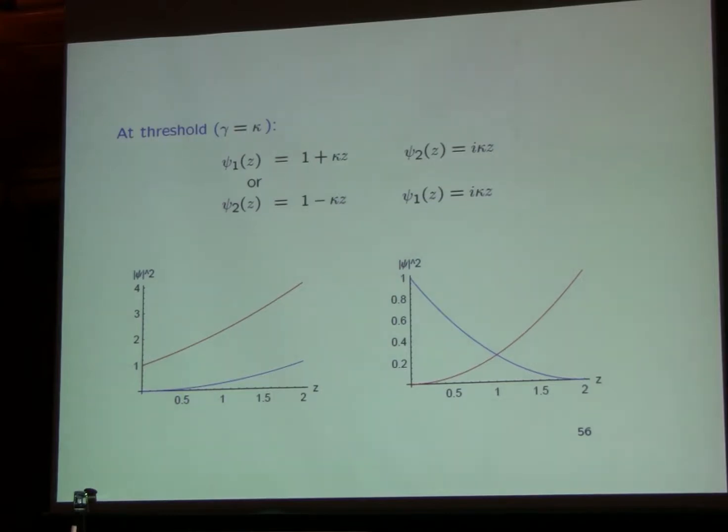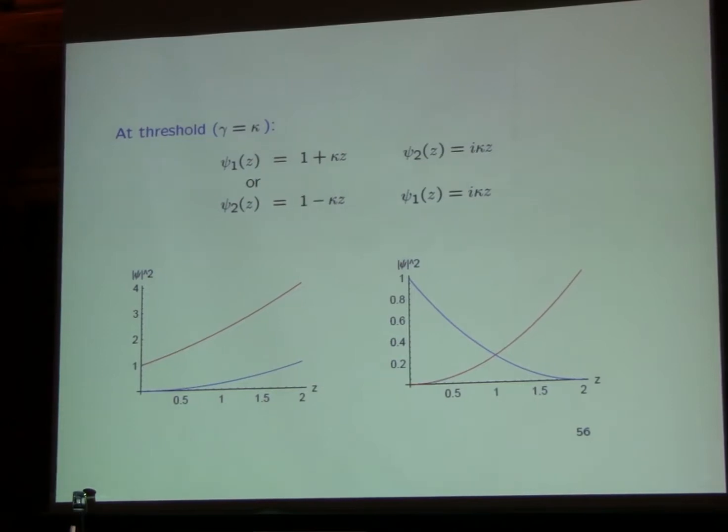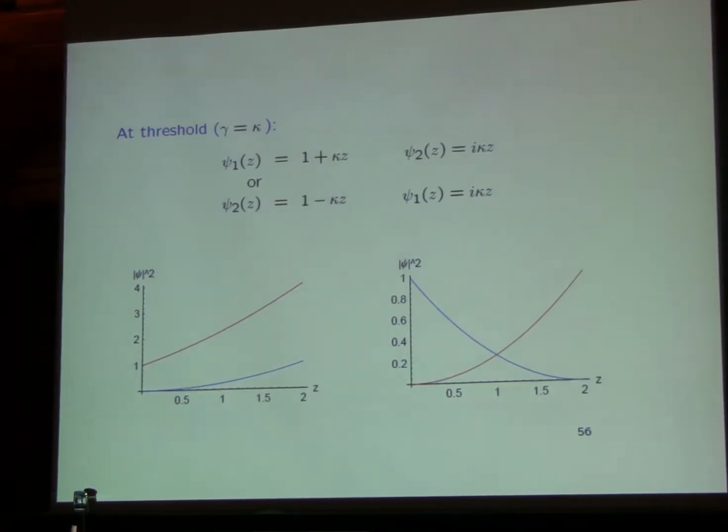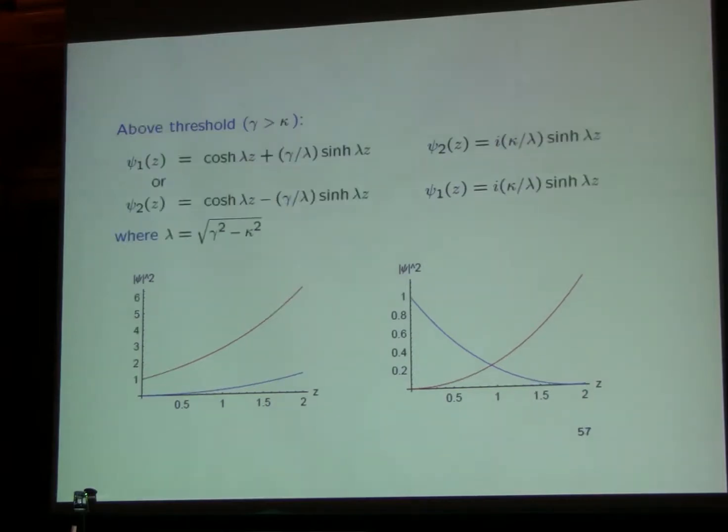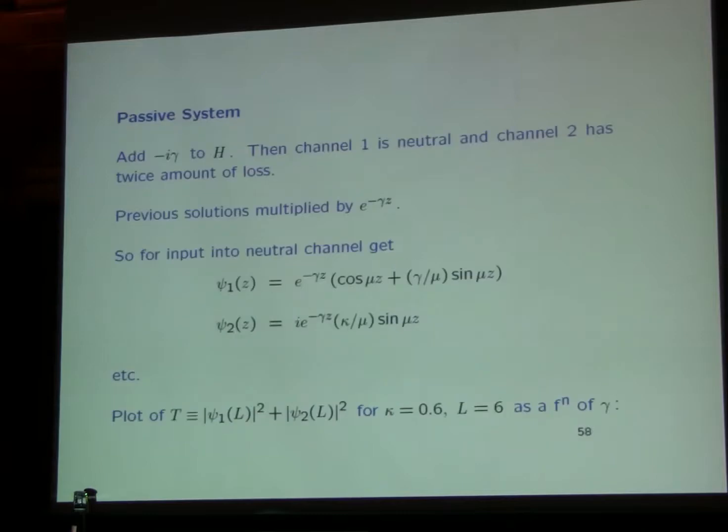So you get degeneracy, and you can't diagonalize the Hamiltonian. You have a Jordan block. So you have one single eigenfunction and an associated Jordan function, and that gives you, instead of oscillatory behavior or exponential behavior, which would be beyond the transition, precisely at the transition, linear behavior in z or in time. And above the threshold, they turn into Cauchys and so on.